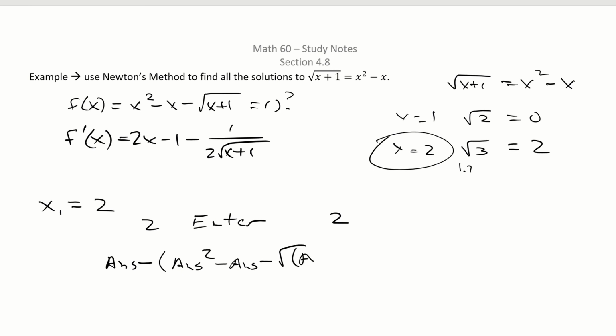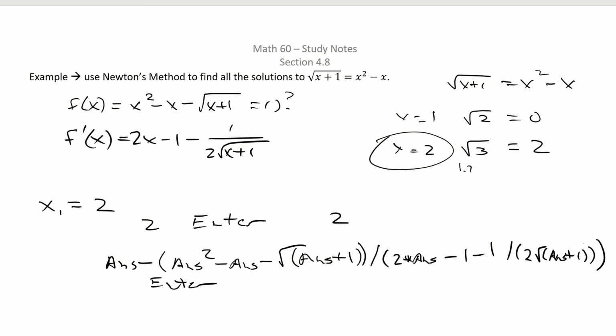And then I just go answer plus 1, close that, close the numerator, divide, and then it's worth it though. 2 times answer minus 1, divide parentheses 2 square root, and then answer plus 1, close the parentheses, close the denominator of that guy, close the other denominator. So I really have 3 of them here. So plus this, and I hit enter.